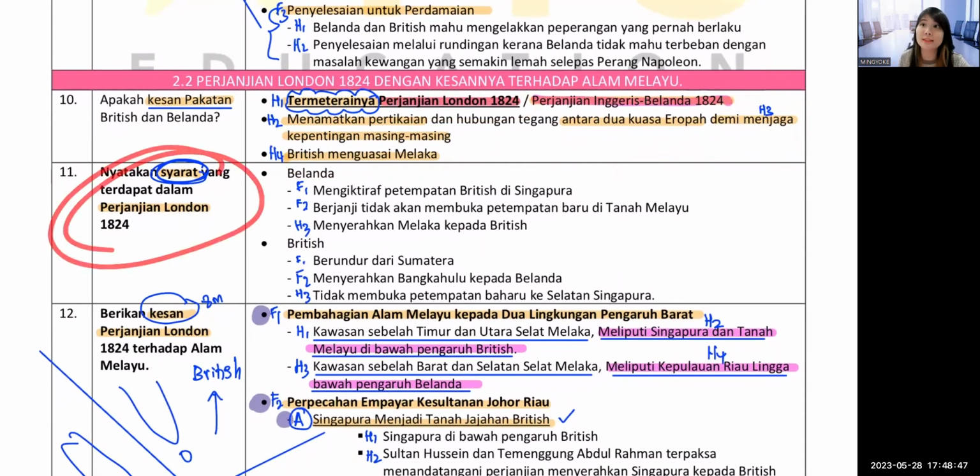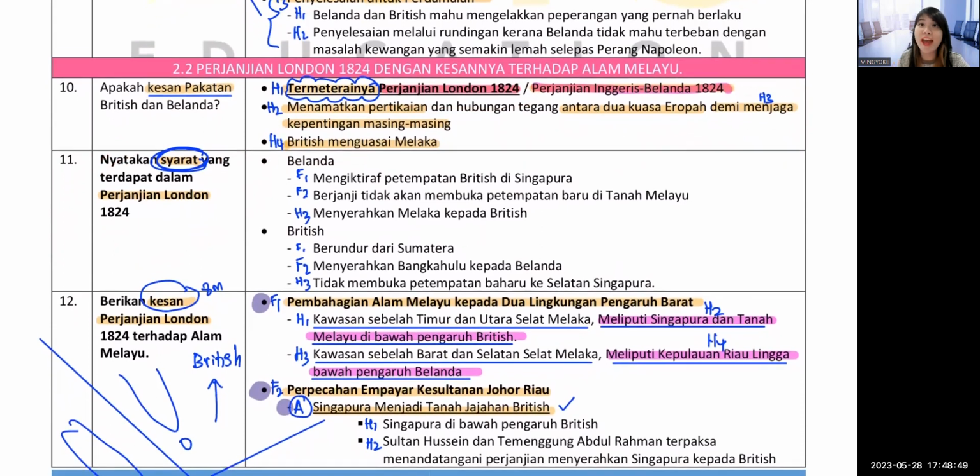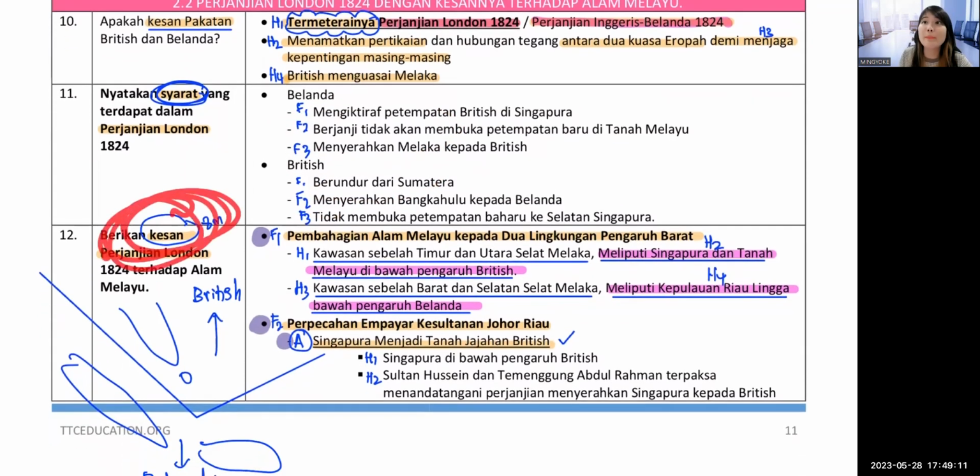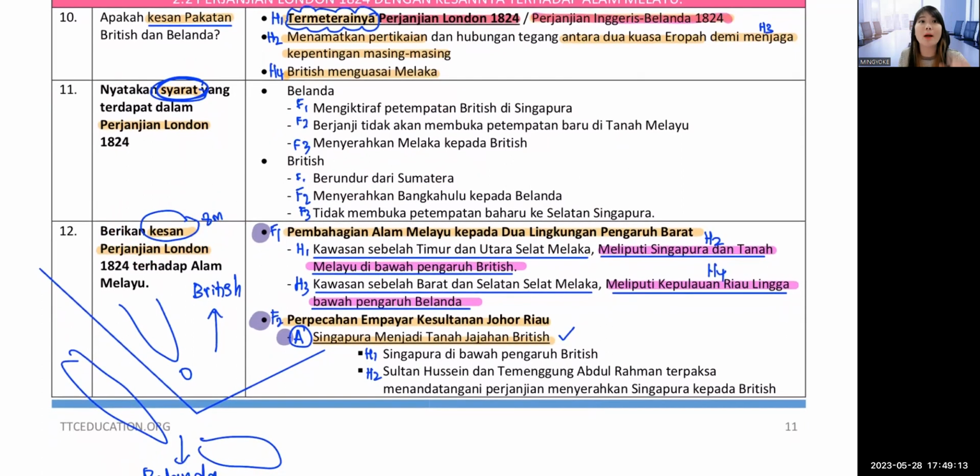Syarat Perjanjian London. What's the syarat? We have what? First, according to Belanda and British, you just write down Fakta 1, Fakta 2, Fakta 3, because it's just the facts. No huraian, all these are the facts. Kesan, remember the moment when Perjanjian London was signed, there are 3 fakta.